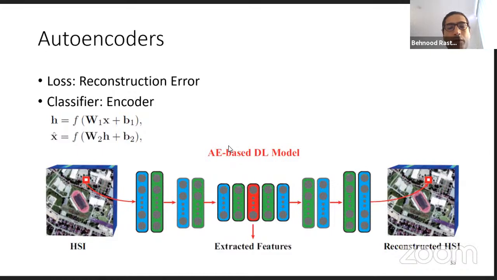But what you want to do is substitute the final layer, which helps to train the network better, with another classifier like SVM.